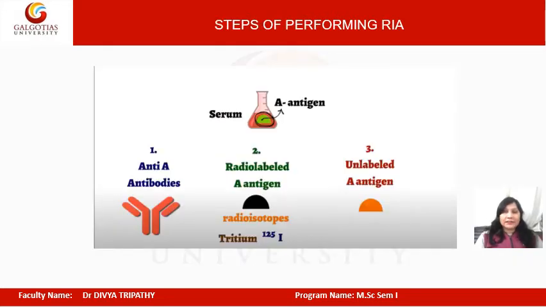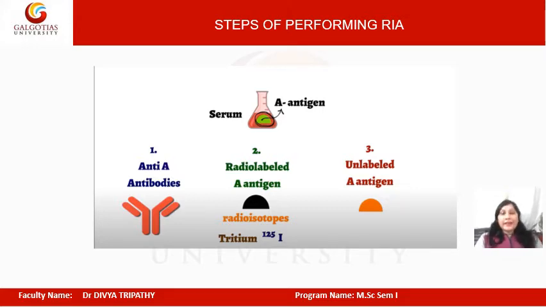Now let's understand the steps to perform radioimmunoassay. First of all, we must know the requirements to perform this test. Suppose we have to find out the concentration of a type of antigen, A, in this serum sample. The first requirement is anti-A antibodies, meaning the monoclonal antibodies that can bind with A antigen to form a visible precipitate.